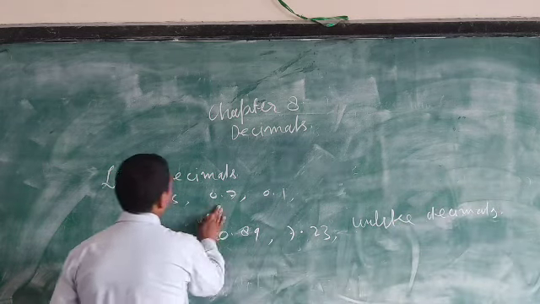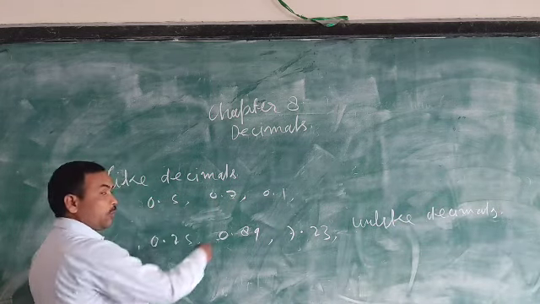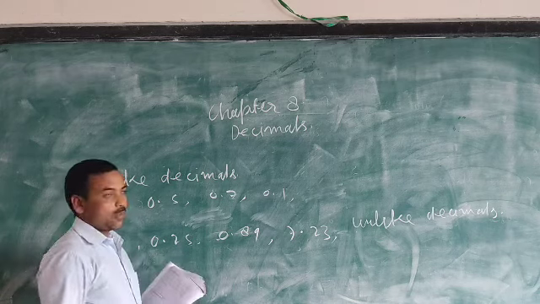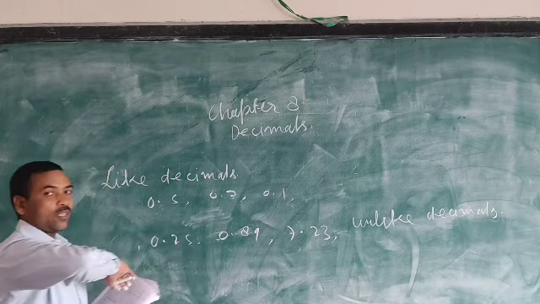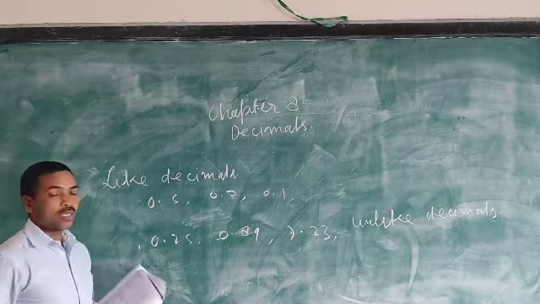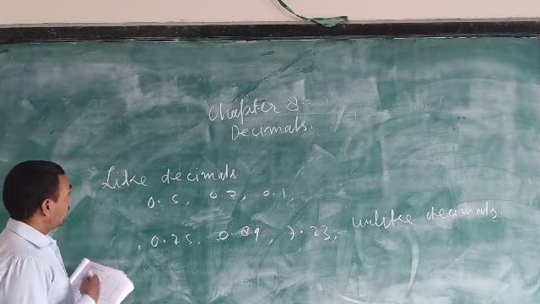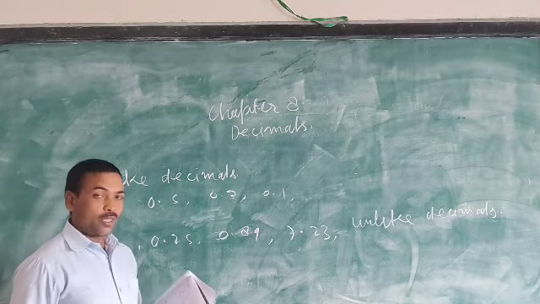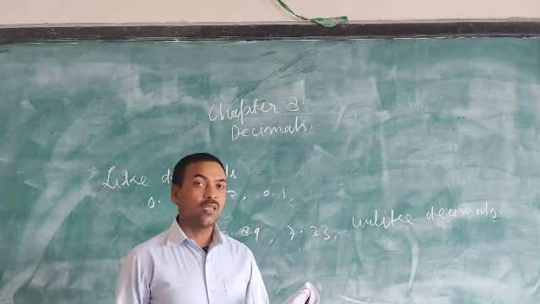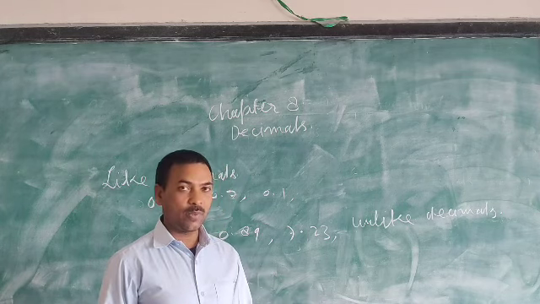See, because these have one decimal place and these have two decimal places. So if you write all the numbers together, they are examples of unlike decimals. That means the decimal numbers which have different decimal places are called unlike decimals.